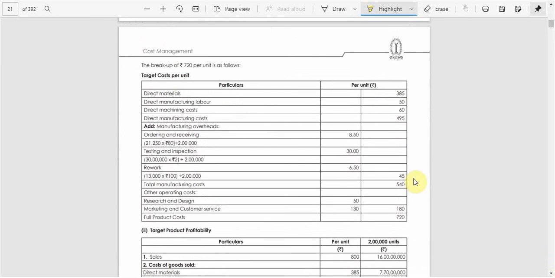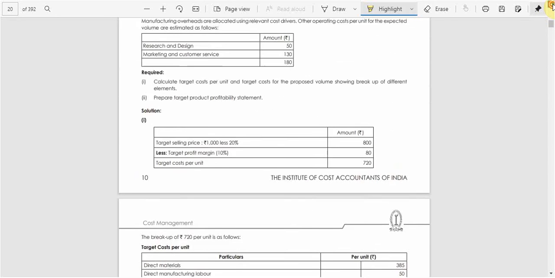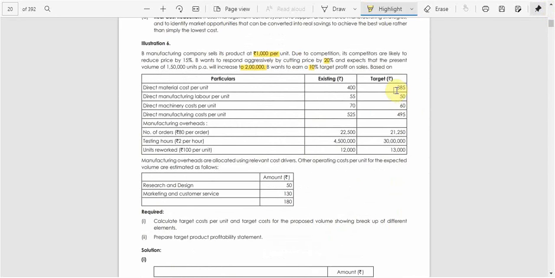So for the target, direct materials, labor and machine costs are given as 385, 50 and 60 here. So this is given already in the problem, right? The target cost for the direct material cost per unit is 385.